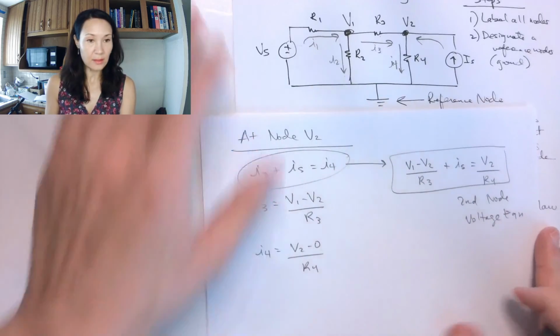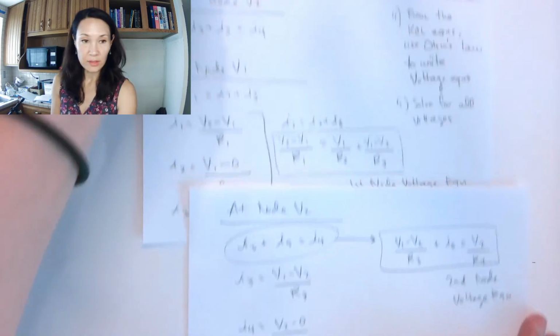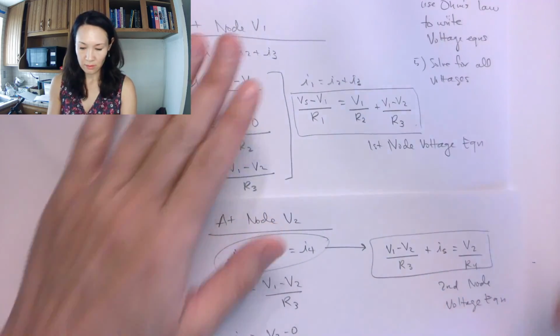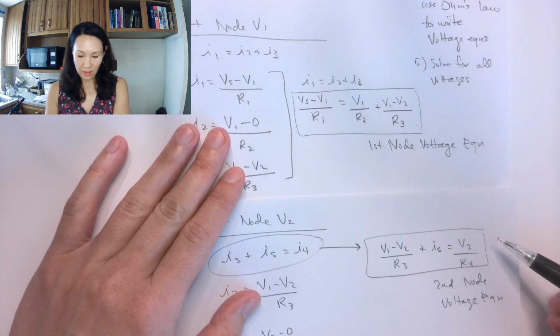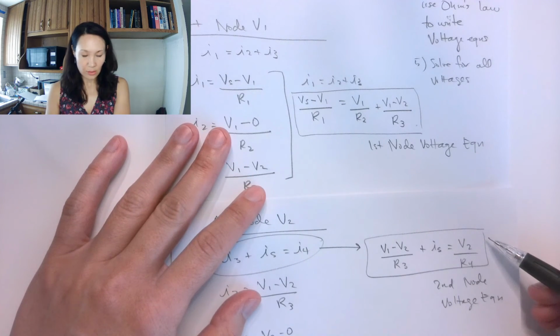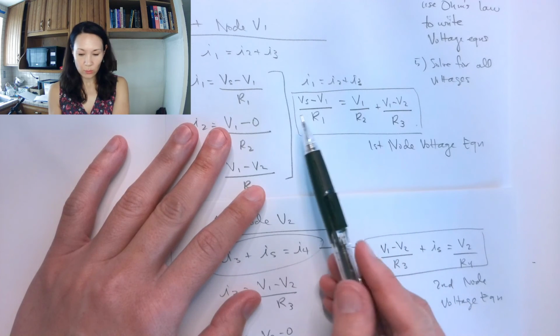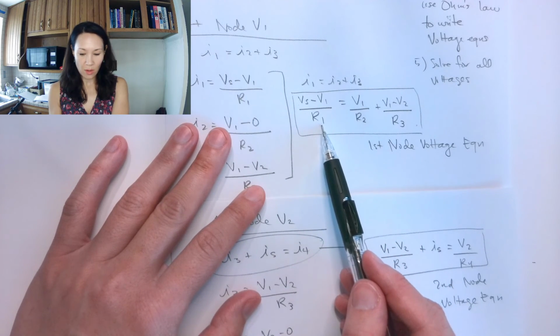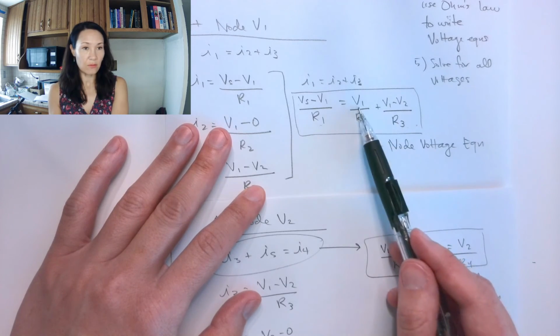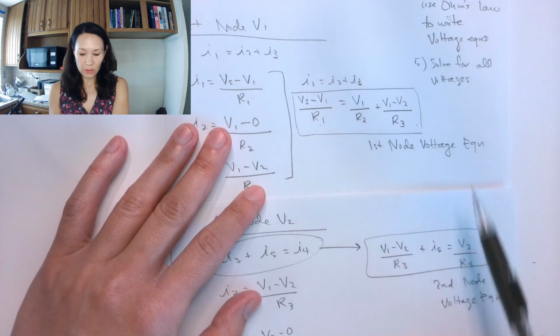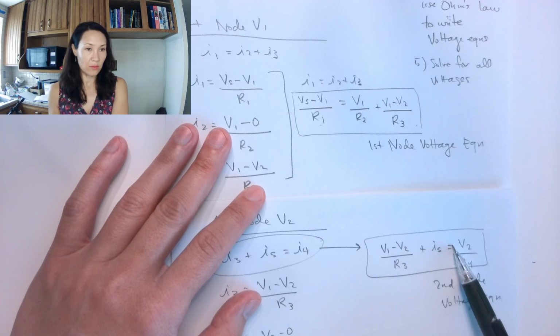Okay, so if this is my first node voltage equation and this is my second, I now have two equations and two unknowns. Because what will be given is Vs, I'll know R1, I'll know R2, I'll know R3, and I'm trying to find V1 and V2. So I have two equations, two unknowns, V1, V2.